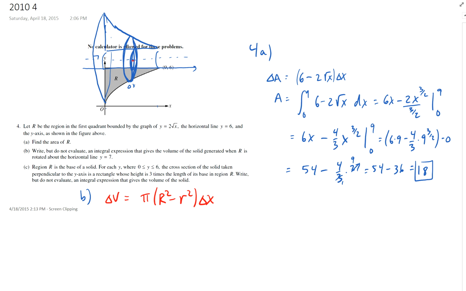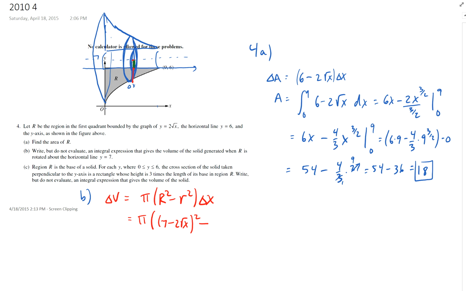Big R is always from my axis of rotation all the way to the outside, so it'll be pi times capital R squared, the top minus the bottom, so it'll be 7 minus 2 square root of x, squared, minus, and then little r is, well, here I got lots of colors, green, which may or may not come up on your screen very clearly.